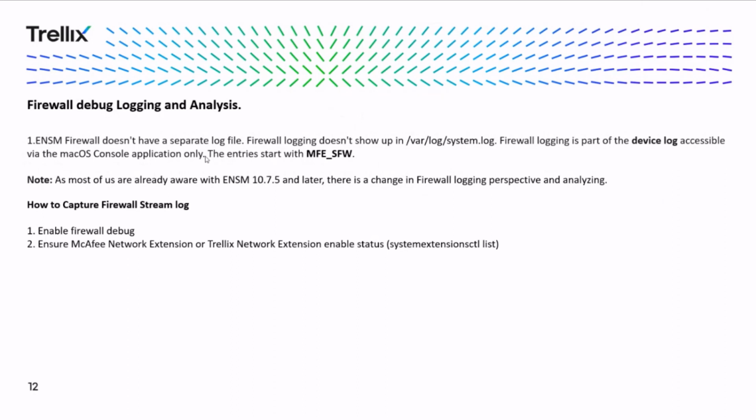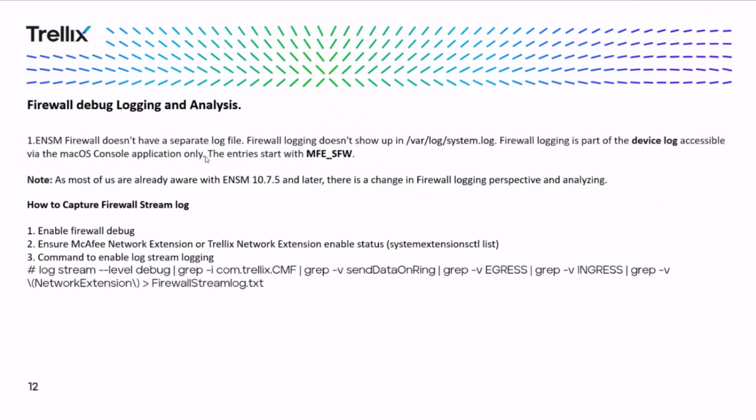That can be verified under systemextensionsctl list. Then this is a particular command which you can see, log stream --level. This is the command line which we will use in our demo, and the output of that command will be captured under firewall stream log.txt. This is the log which we generally request from our end customer to share with us, so that we can troubleshoot and suggest what needs to be allowed or what needs to be blocked in the environment.